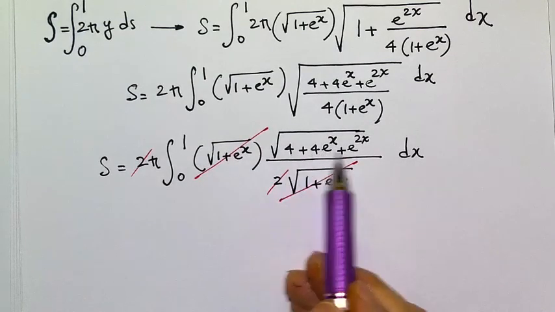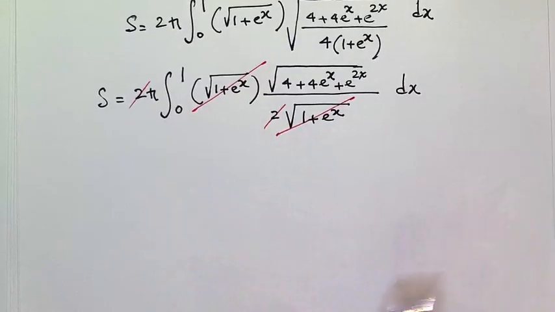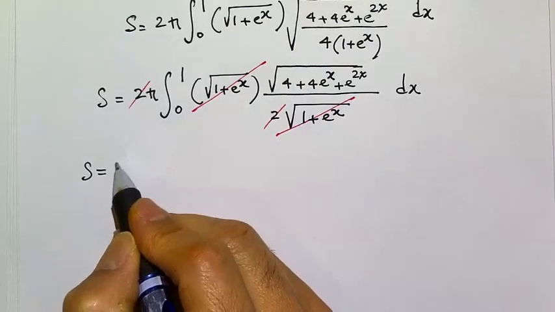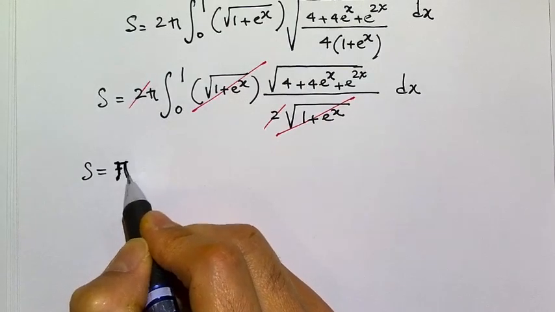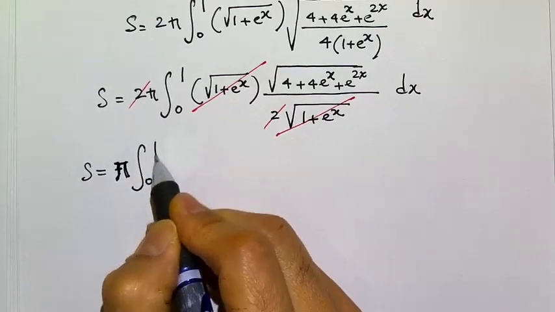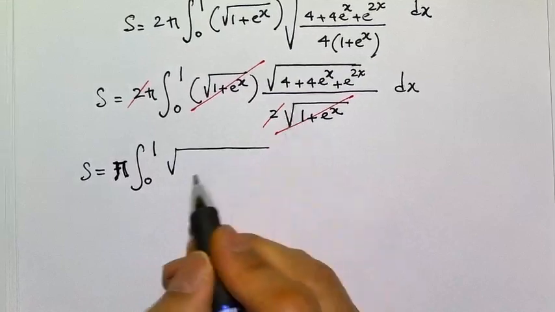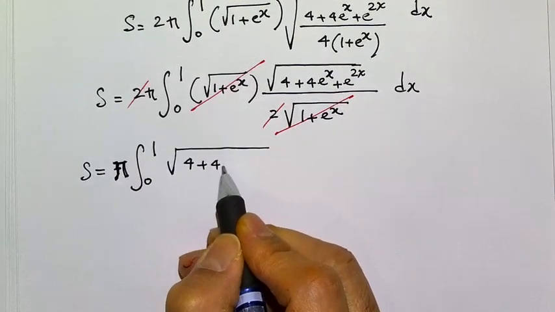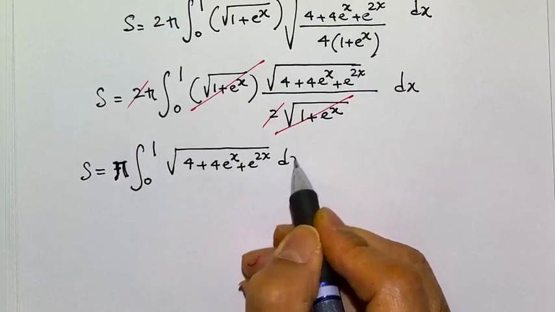Let's write it in simplified form. So we have s equals pi times the integral from 0 to 1 of the square root of 4 plus 4e to the x plus e to the 2x, dx.